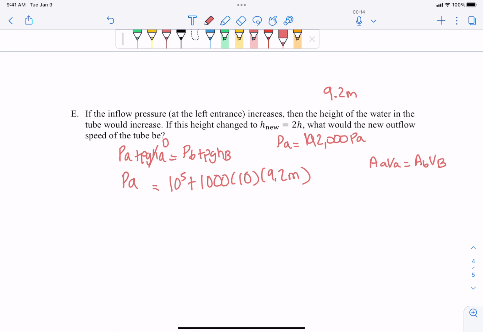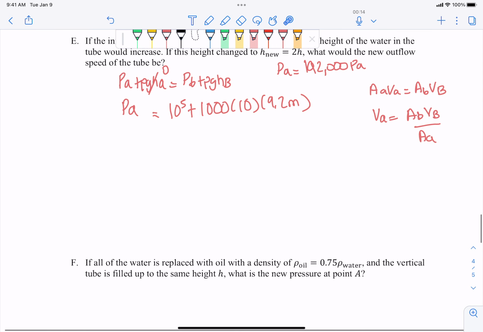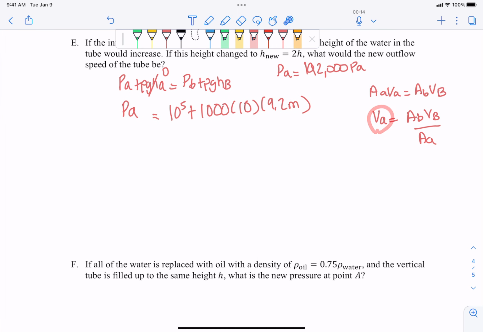So I can look at VA is equal to AB times VB over AA. And the reason why I want to set this equal to VA is that I want all my variables to be the same in the larger equation where all the variables are included.